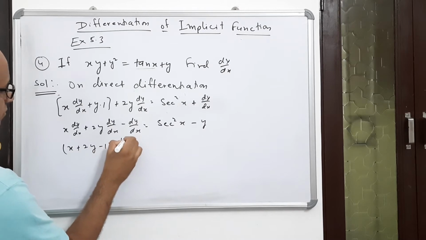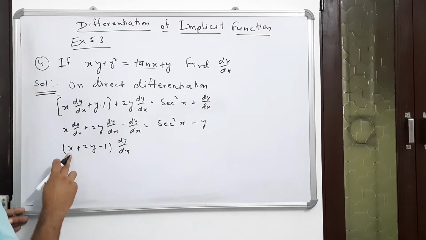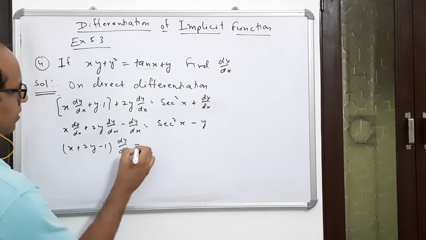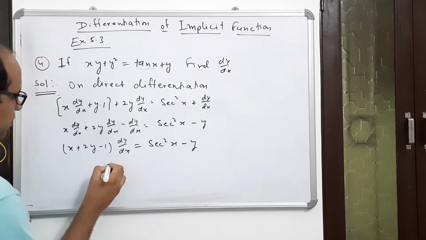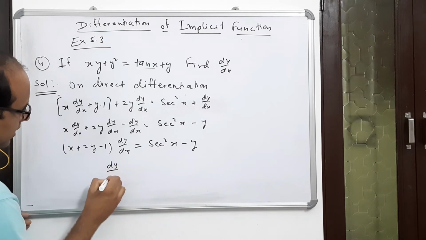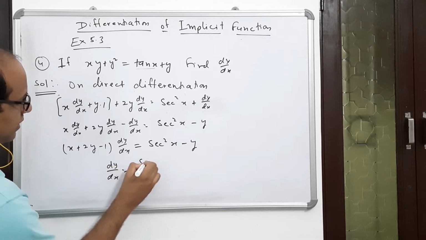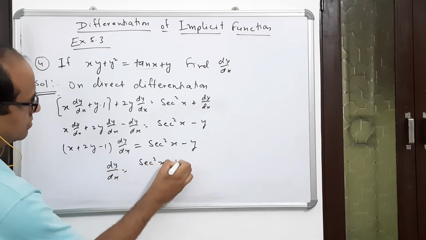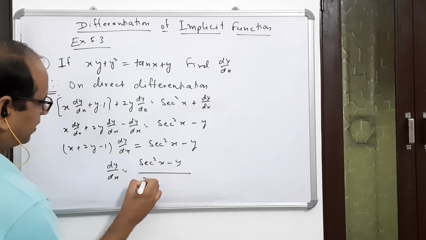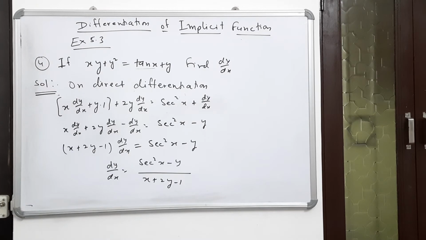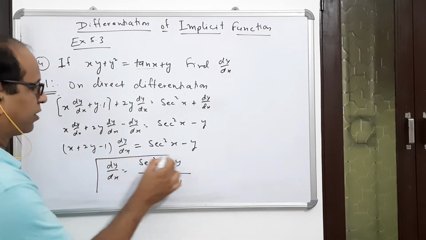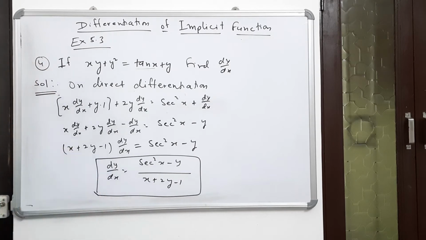So it is x plus 2y minus 1 equals cos x minus y. So what is the value of dy by dx? The value of dy by dx is cos x minus y upon x plus 2y minus 1. So this is the value of dy by dx, and that is the importance of implicit function.